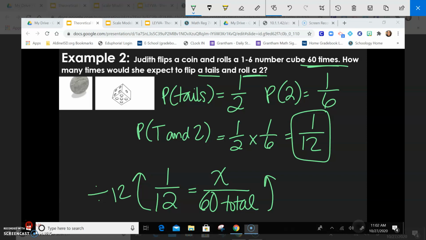Remember, with proportions, whatever you do to the left side, you also do it to the right side. So to get my solution, I take 60 divided by 12, which will give me x equals 5 times. So it looks like if she does this 60 times, 5 of those times, she should be able to get tails and the number 2 on the dice.